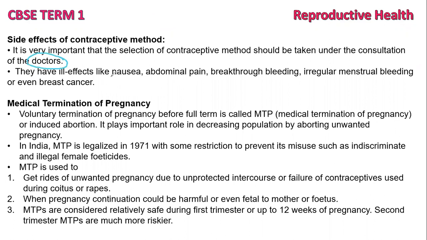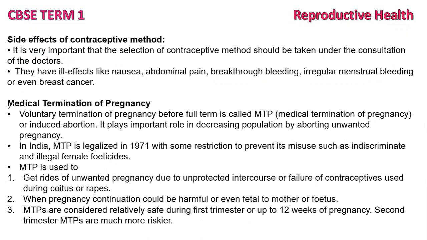It can have ill effects like nausea, abdominal pain, breakthrough bleeding, irregular menstrual bleeding, or it may even lead to breast cancer if you continuously use some kind of poor quality contraceptive method. So only after consultation with a doctor are you advised to use any kind of contraceptive method.